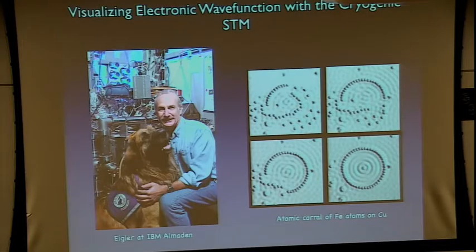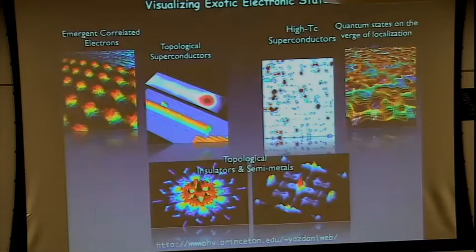The reason I put this up is that this is the very first example where we're using the STM to image a wave function squared of a state that we can calculate. Of course, it's elementary, but from a technical point of view, it was a very eye-opening moment for many experimentalists that this tool can be used for all kinds of different materials.